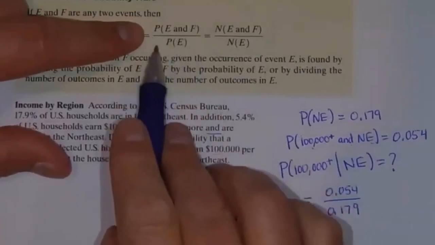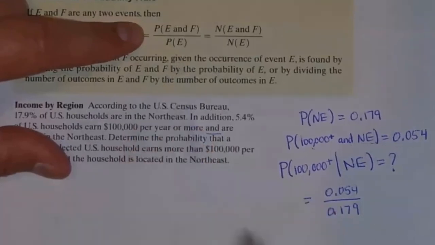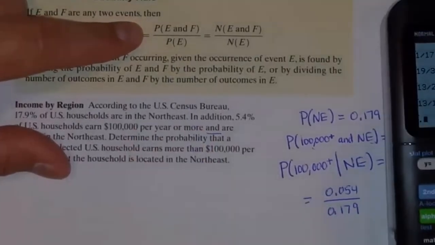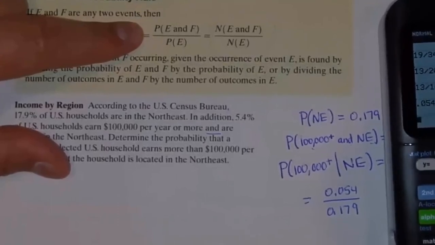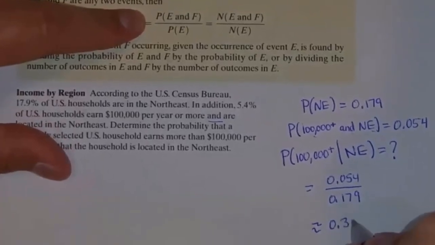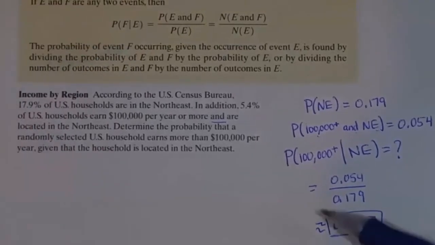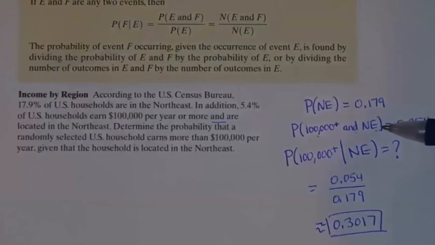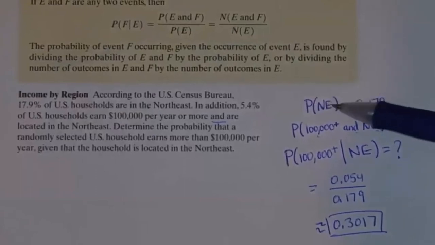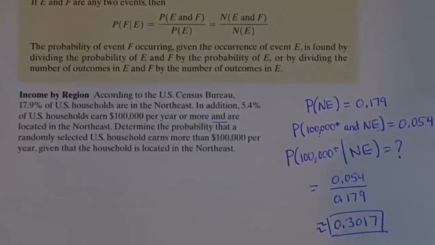And again, all I'm doing is using this rule, the probability of E and F divided by the probability of E. So if I take 0.054 and divide by 0.179, that is equal to 0.3017 if I round to 4 places. So this is about 0.3017. So again, I'm just finding the probability that both are occurring divided by the probability of being in the Northeast, and that gives me the probability of the 100,000 given that it's in the Northeast.